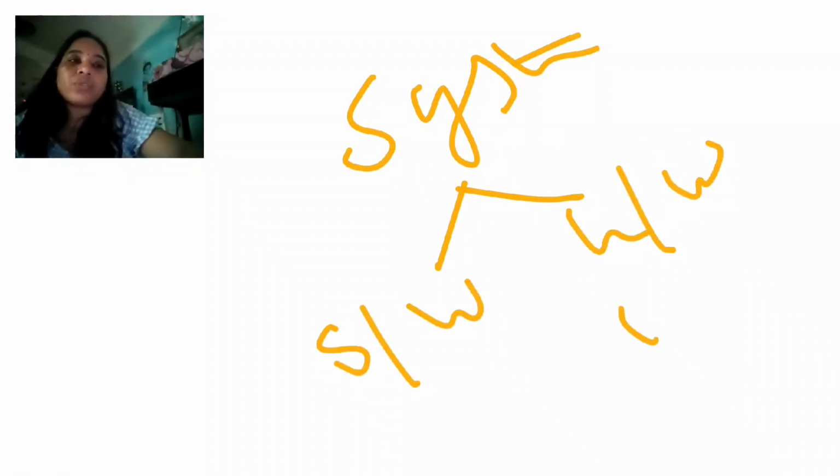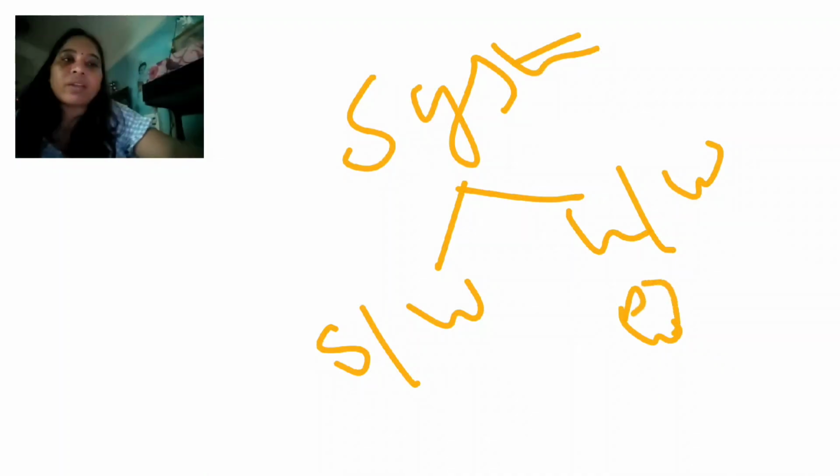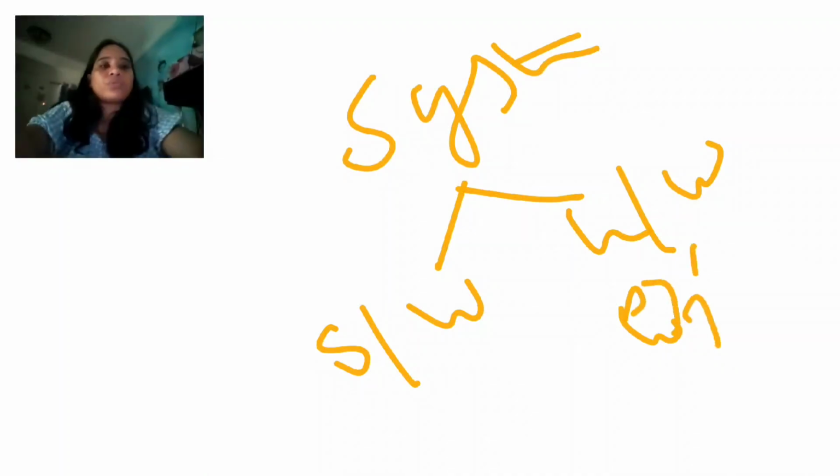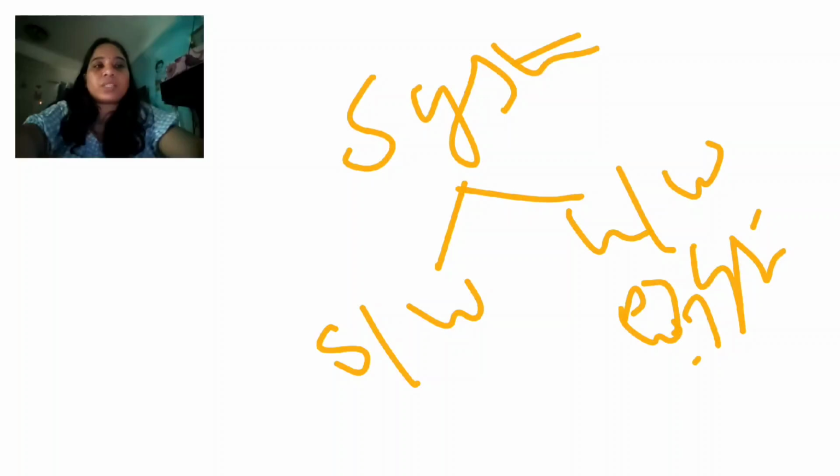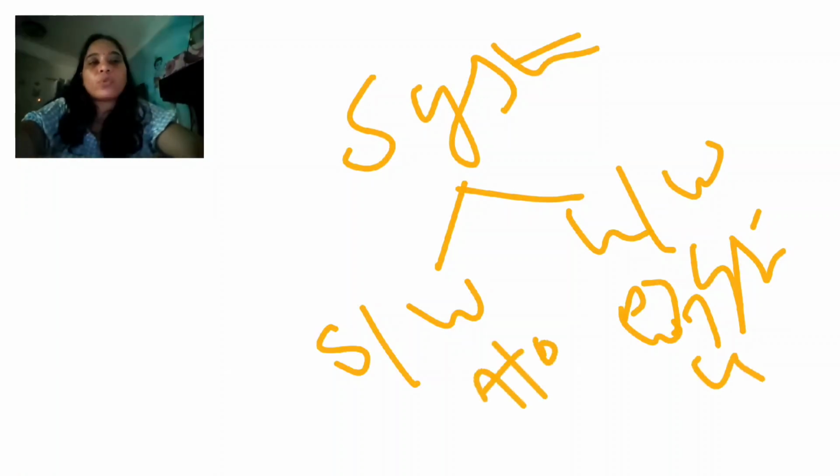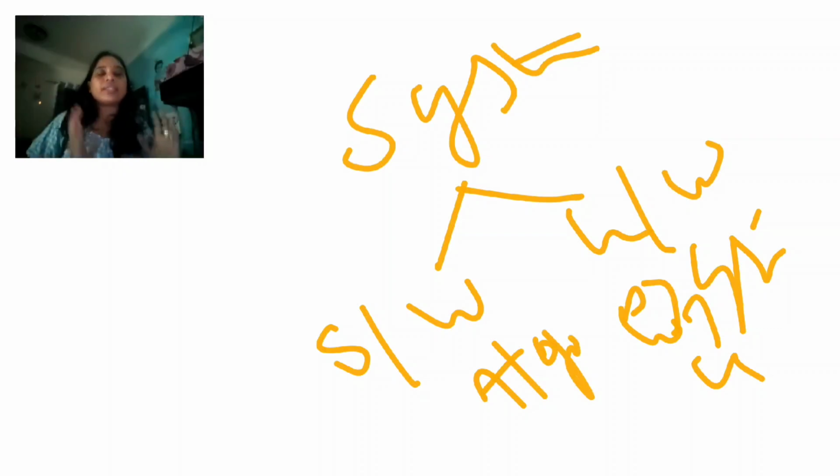Hardware means physical wires, physical connections, and software means algorithms, that means programs. A collection of programs is called software. A collection of physical components is called hardware. The combination of these two parts produces a system.